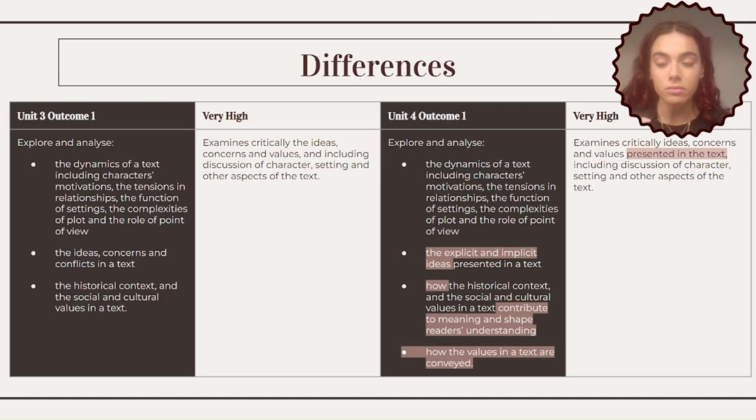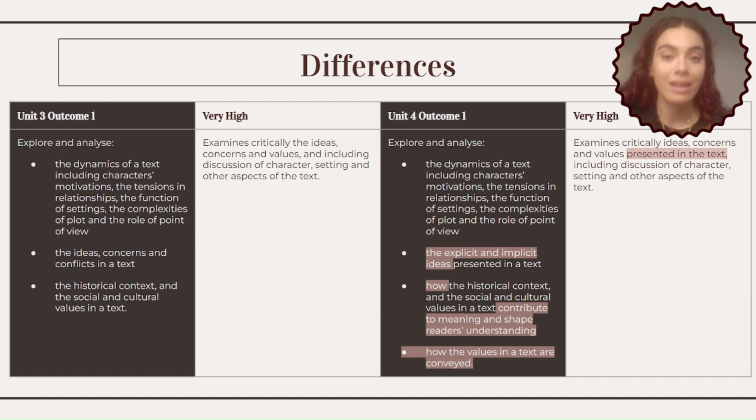So now we are looking at the description for the outcomes from the study design. And on the right is the very high criteria from the SACs. Your schools do not necessarily need to use the rubric that is right here in the very high section. This is one that VCAA provides, but schools are encouraged to alter their SACs to their cohort and cater it to the students in the year level, right?